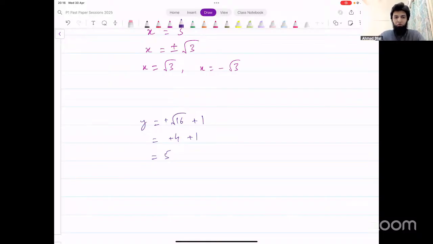You don't put plus minus in that case. When the square root is already there, you just use the sign that is already there with that square root. If there's no sign, that means it's positive. If there's a minus outside, that means it's negative. So you just leave it as it is. Whatever sign is there already, you just use that sign. Is that okay?